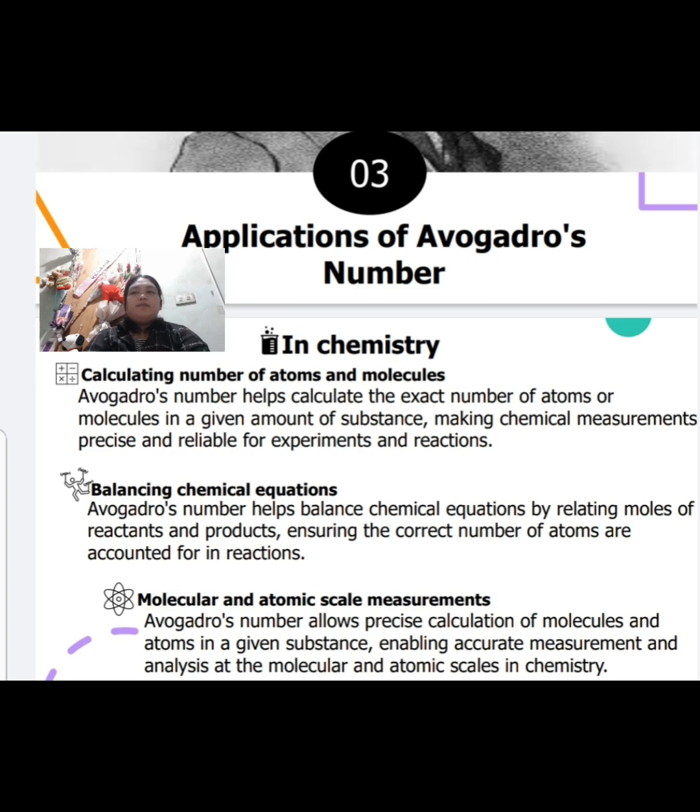Third is the molecular and atomic scale measurement. So, dito na yung they calculate the molecules and the atoms in the given substance, enabling accurate measurement and analysis at the molecular and atomic scale in chemistry.